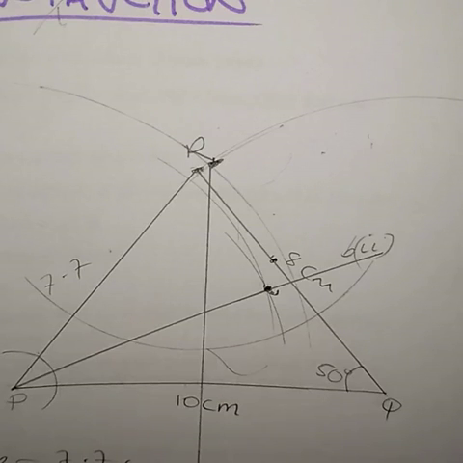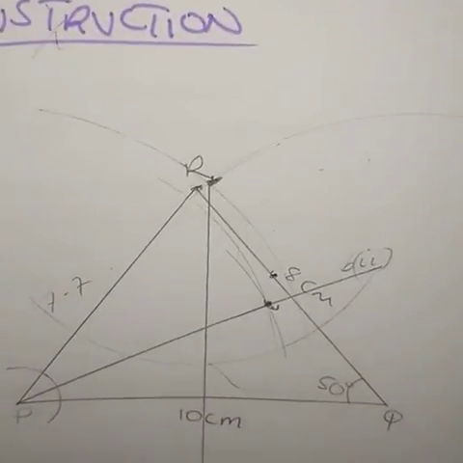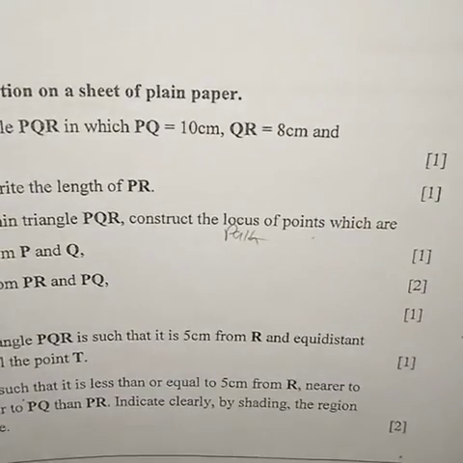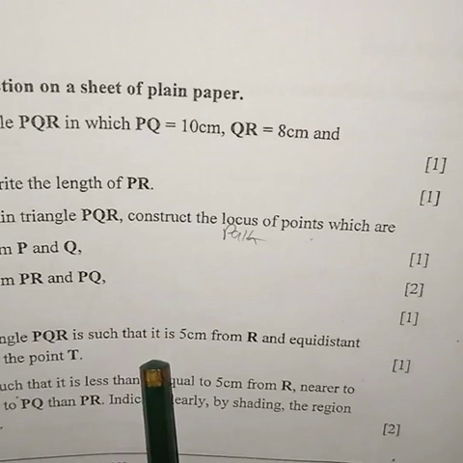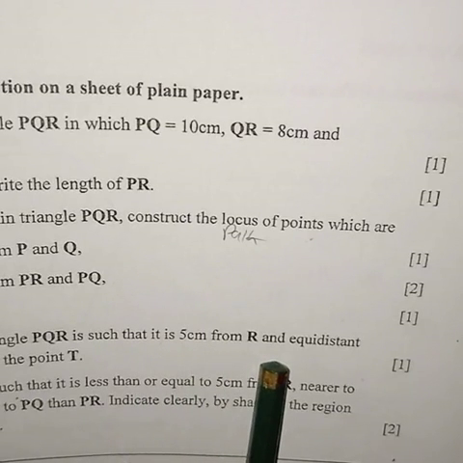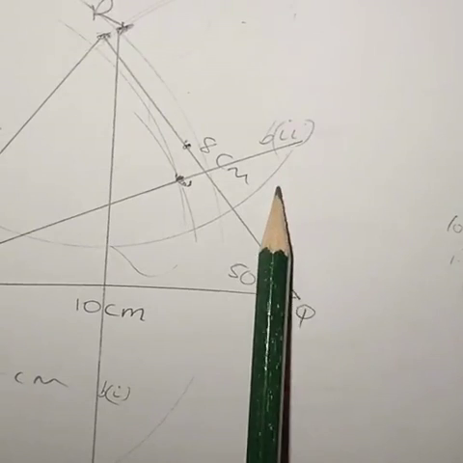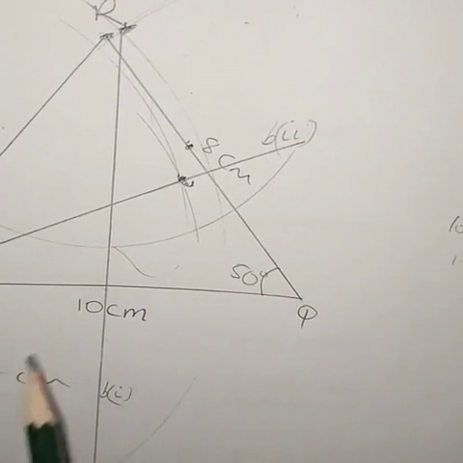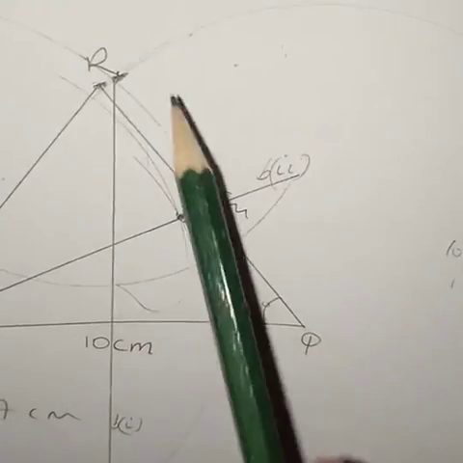So we move on. This question is talking about a point T. A point T within triangle PQR is such that it is 5 centimeters from R and equidistant from P and Q. 5 centimeters from R was this line, was this locus, and also equidistance of P and Q, it was this line, remember?